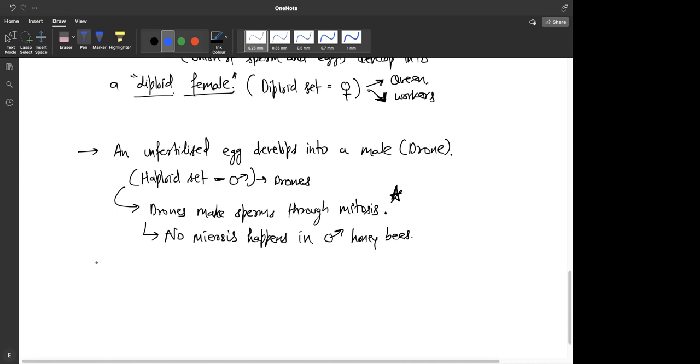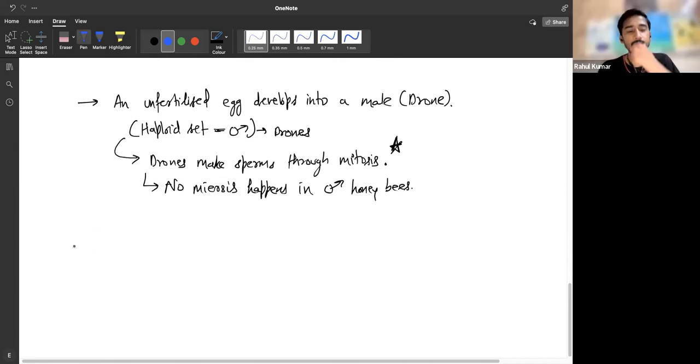Yes, sir. So let's do this. Let's start with one interesting thing. If there is a female to begin with, let's start with the female. So there is a female honeybee. And if she is reproducing, she is the queen, right? Because the queen secretes pheromones, which keep the others infertile.